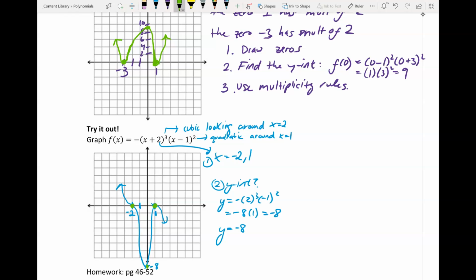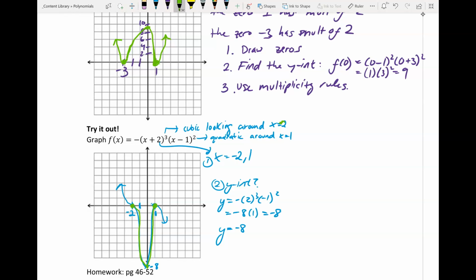Then the next step is probably just to follow the pattern with your y-intercept. So it looks like we had to go down to get to our y-intercept and then come back up. The next part is the most tricky part, and that is using your multiplicity rules to figure out the rest of the graph. So it did say that we have a cubic looking function around x equals -2, sorry, -2 there.